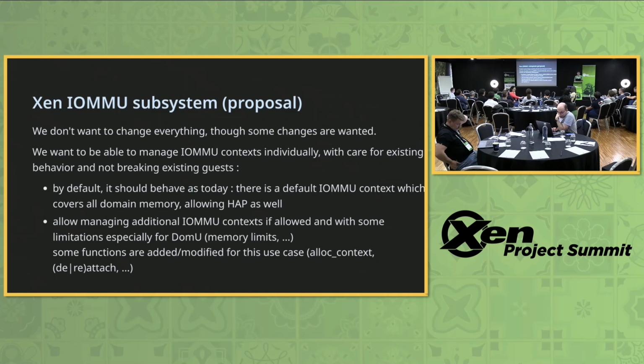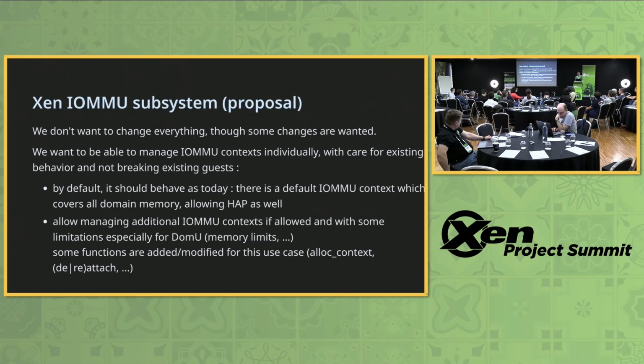By default, we should have actually no change to what we are doing currently. But when we want more contexts, we should be able to make new ones. So for that, there is a default IOMMU context which copies the current behavior, and we can make new ones.